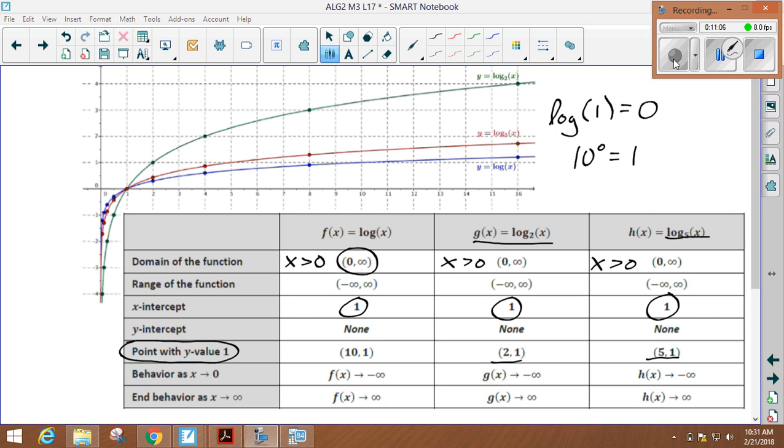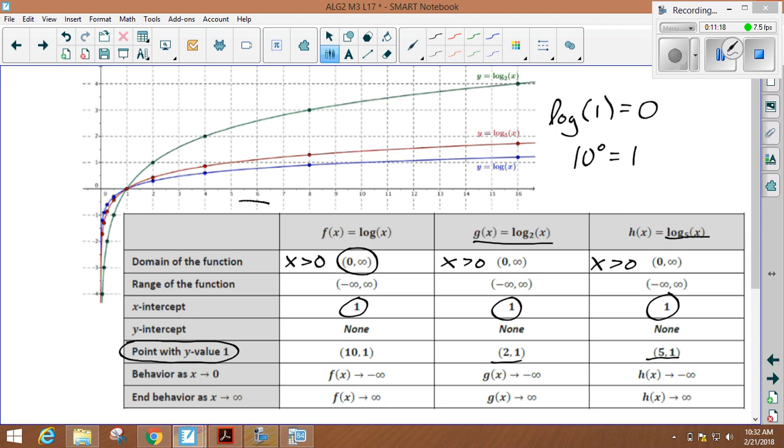All right, the answer to E, describe the behavior of the function as x approaches 0, okay? In other words, as x gets closer to 0, what happens to y? Well, y keeps going down, or keeps getting more and more negative, yeah?